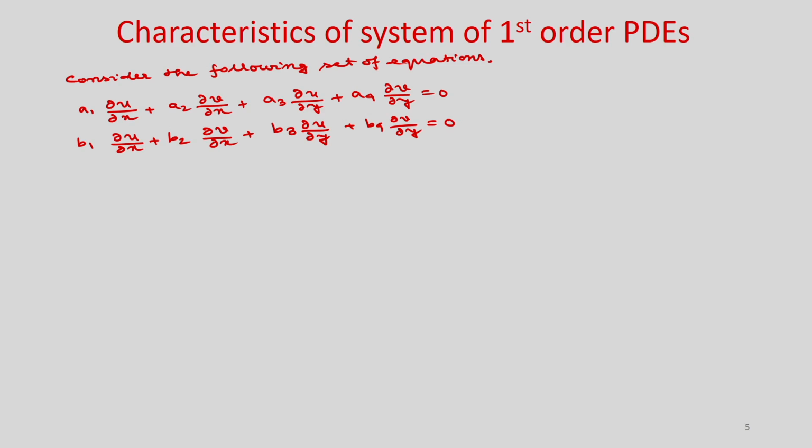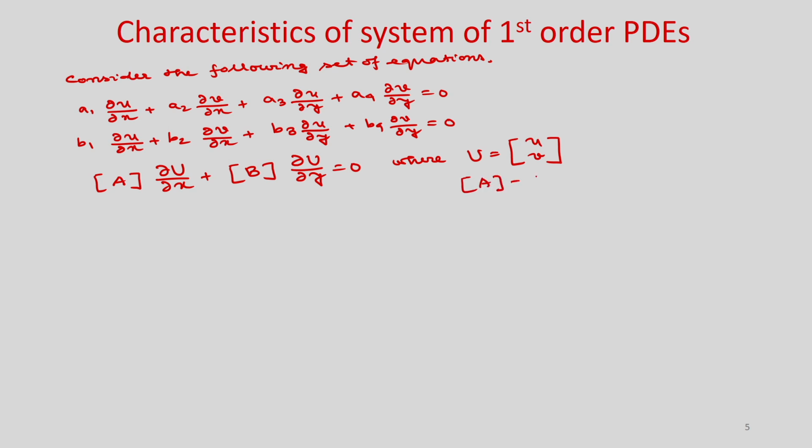Now, let us write in general form A del u by del x plus B del u by del y is equal to 0, where u is equal to the vector u, v, and obviously A is a1 a2 b1 b2 and B is a3 a4 b3 b4. Okay.